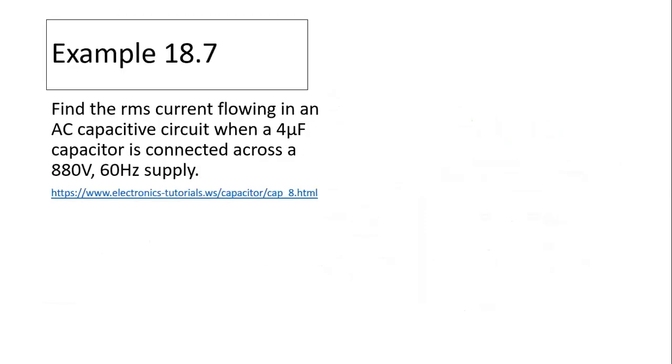Let's try some questions to reinforce. Find the root mean square current flowing in an AC capacitive circuit when a 4 microfarad capacitor is connected across an 880 volt 60 Hz supply. That's your reference. I got it from this place. Remember, this is the root mean square value. What is your root mean square current?